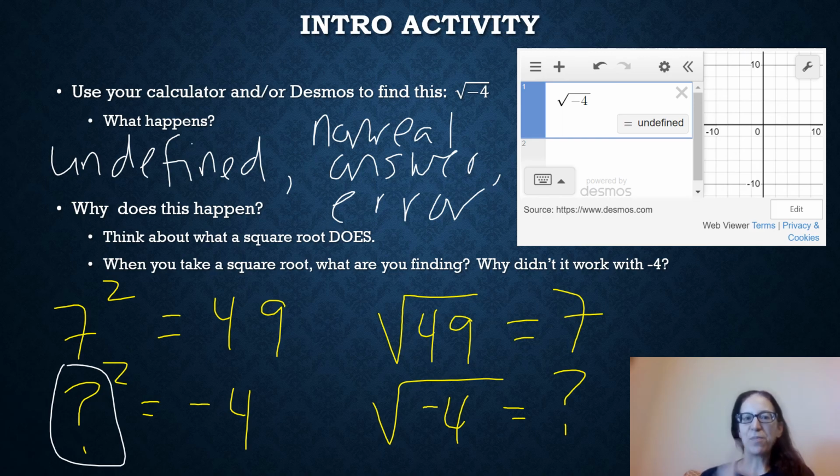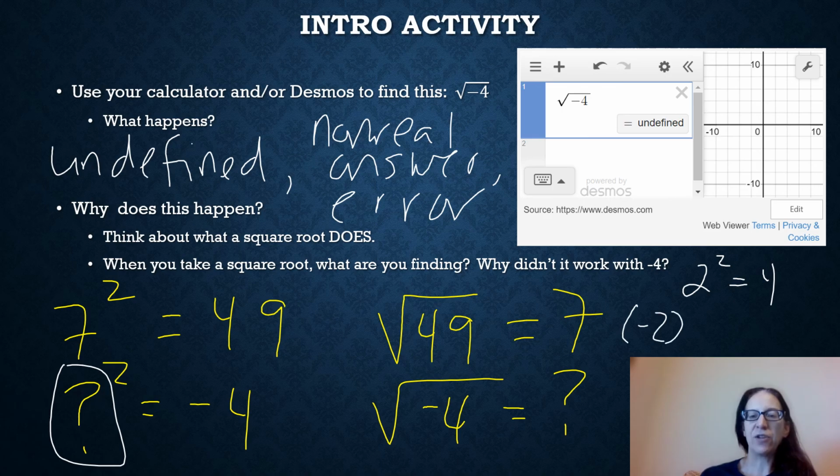That pause is brought to you by, I actually do want you to think about it. Okay. So you could think, well, if you take a 2 and you square it, you get +4. If you try -2 and you square it, that's -2 times -2, and that's also going to give you a +4.